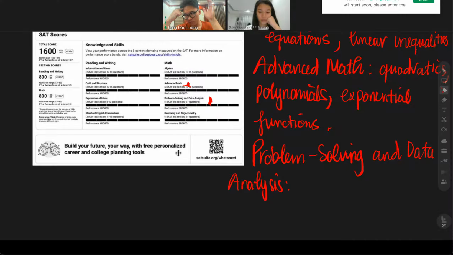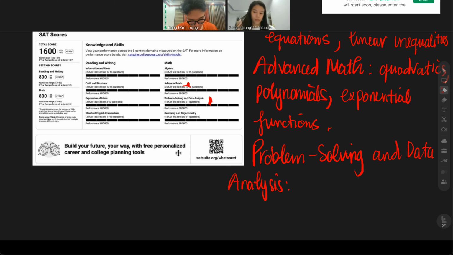In the verbal part, you will find a kind of question related to numbers, that is quantitative command of evidence, right? And in the math part, you also find word problem comprehension in the problem solving and data domain.